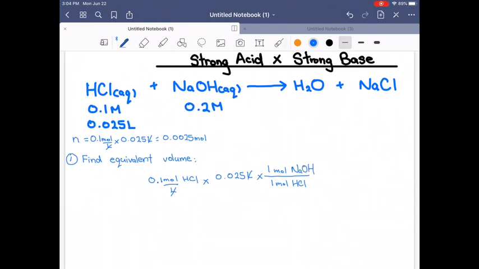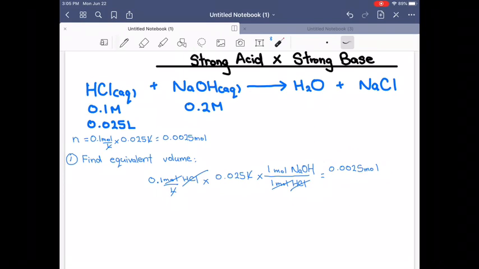If this was not NaOH but something else, obviously the ratio would be different. Moles and moles cross out, HCl and HCl cross out, and the number of moles of NaOH that you will need as a requirement here is 0.0025 mole. Not surprising, because NaOH and HCl is again 1 to 1. So the amount of mole here obviously should be the same.